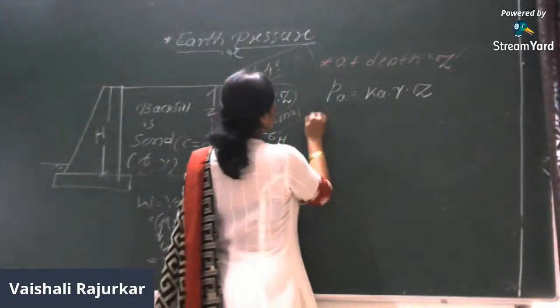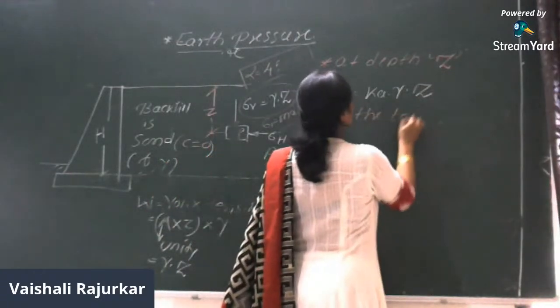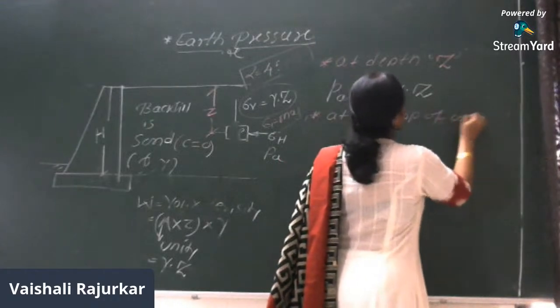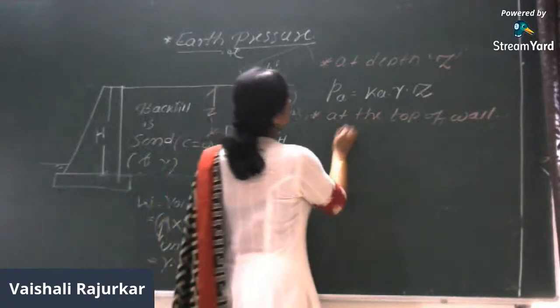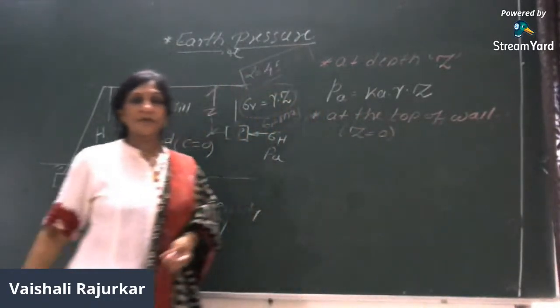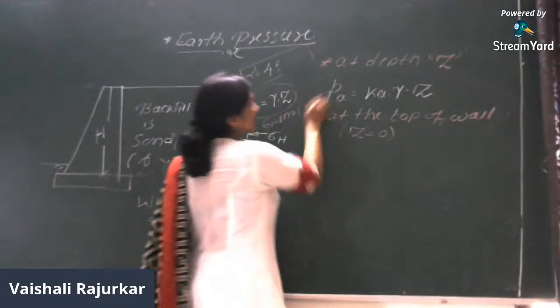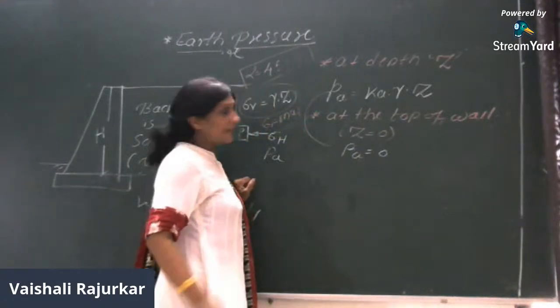Now, at the top of the wall, what is Z? At the top of the wall, Z is equal to 0. Therefore, this equation pa is equal to 0. Right?